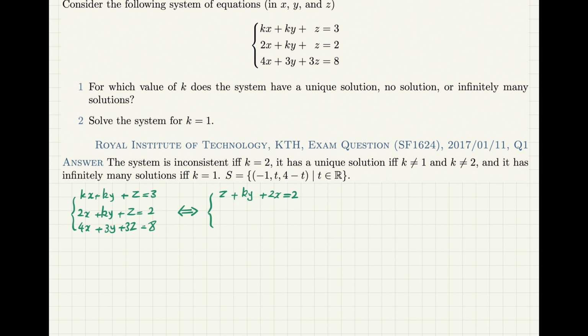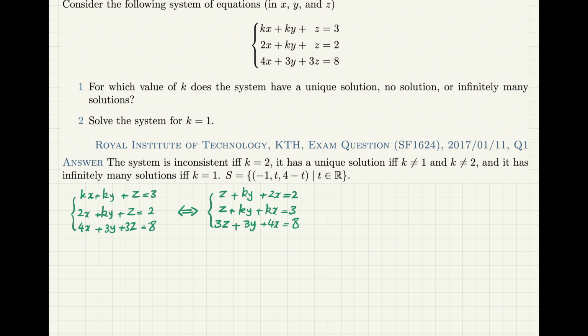And then I go to the next one. I would write it as z plus ky plus kx is equal to 3, and then finally I write the other equation. So actually I am changing the columns in principle. 3z plus 3y plus 4x is equal to 8.